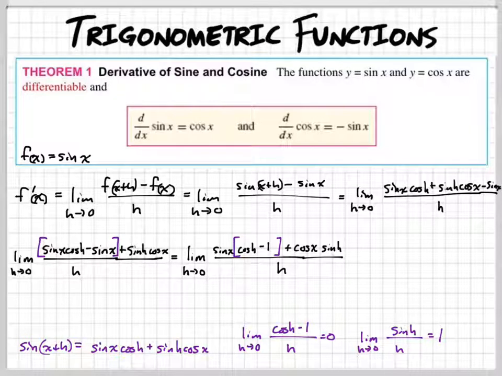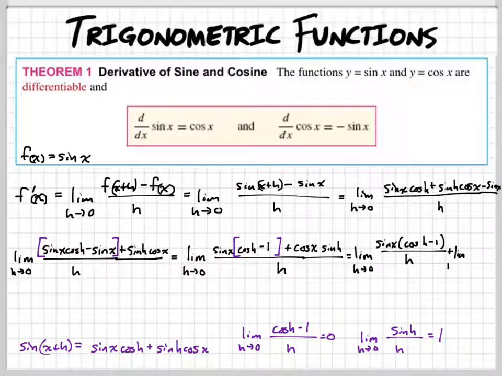So let's rewrite it as the limit as h approaches 0 of sine x times cosine h minus 1, all divided by h. Oops, I forgot my x right there. Sine x. And then plus, oh man, I'm running out of space here.